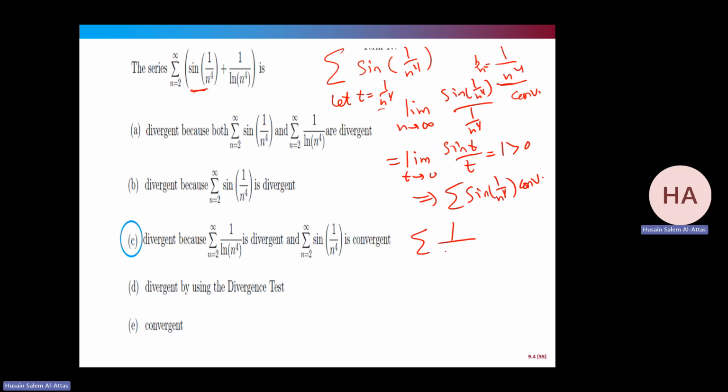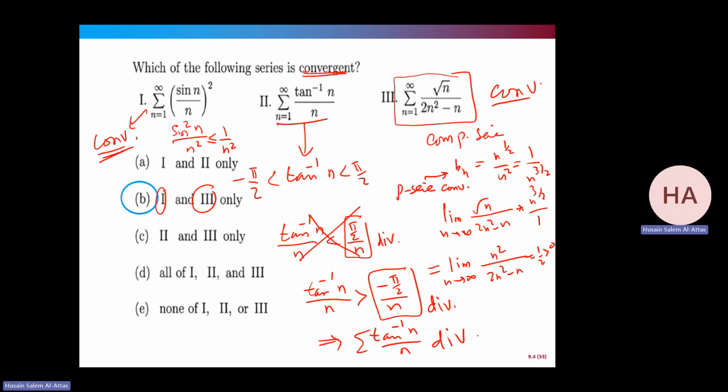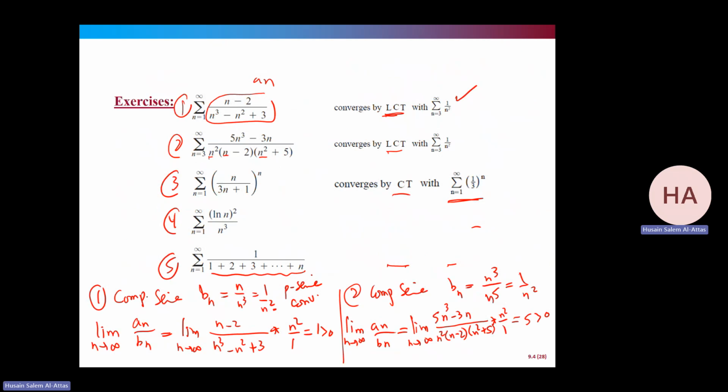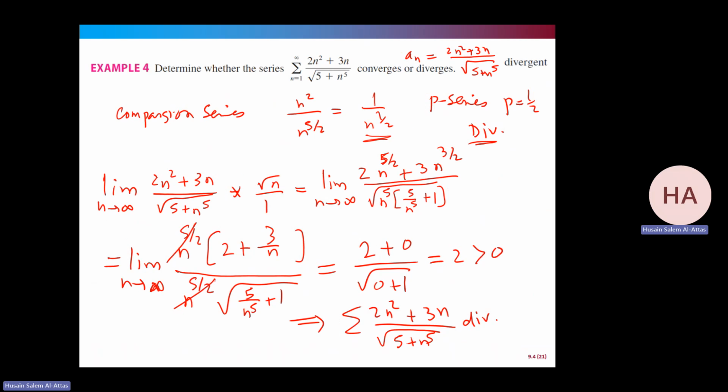This series, 1 over ln n to the power 4. No worries. This is what? 1 over 4 ln n, which is 1 over 4 times 1 over ln n. And I think we did that before. This diverges. 1 over ln n, I think we did it somewhere. Yeah. You can compare it with 1 over n. I'm not sure. Yeah, we did it before.